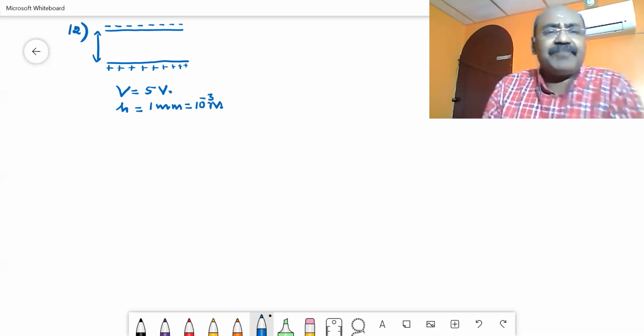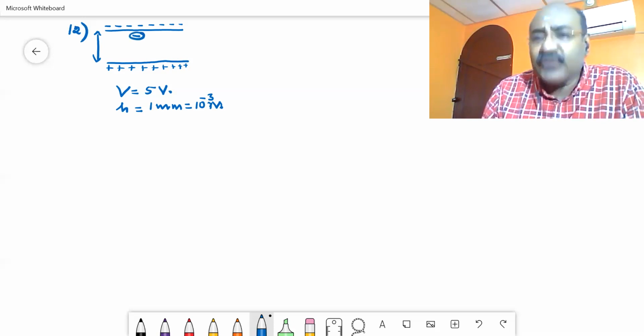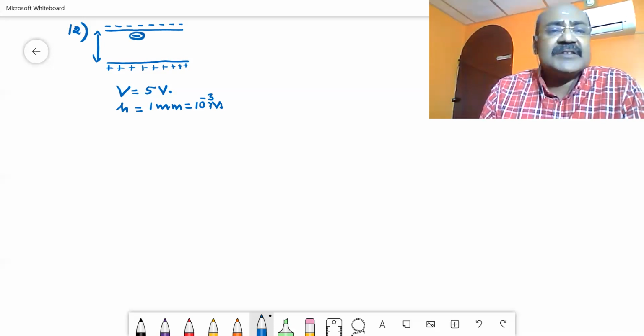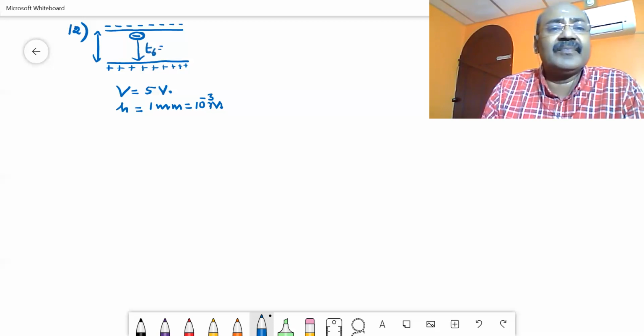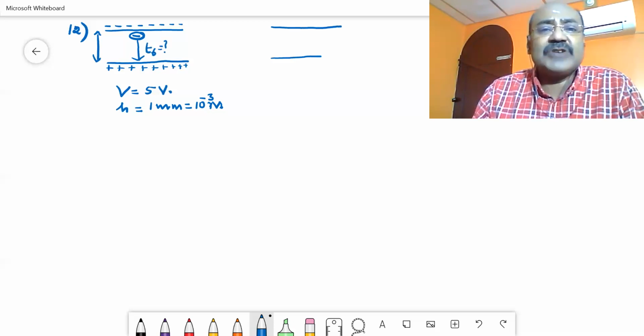Here they are taking an electron. An electron is made to fall from the negative plate to the positive plate. For that, the time of flight is asked. Similarly, in the second diagram, they are taking the positive charge in the upper plate and the negative charge in the lower plate.